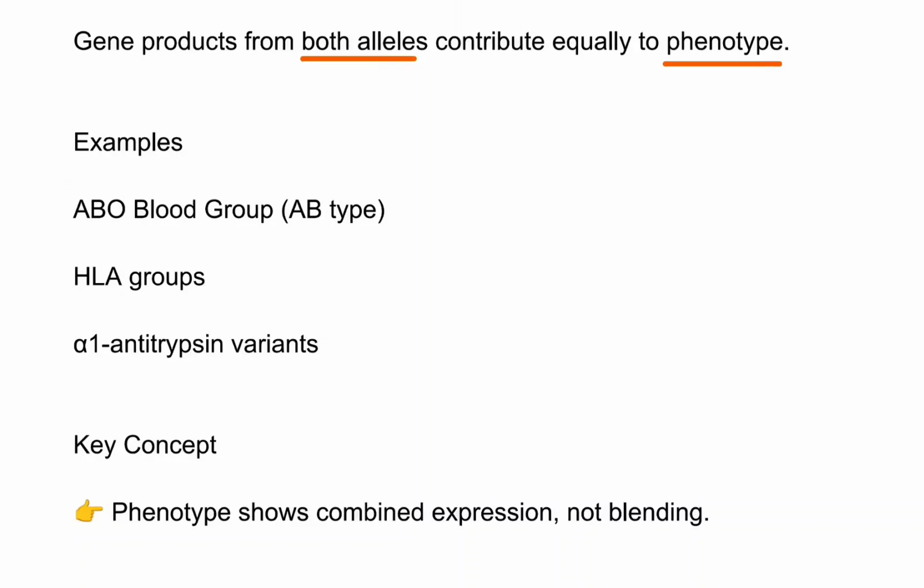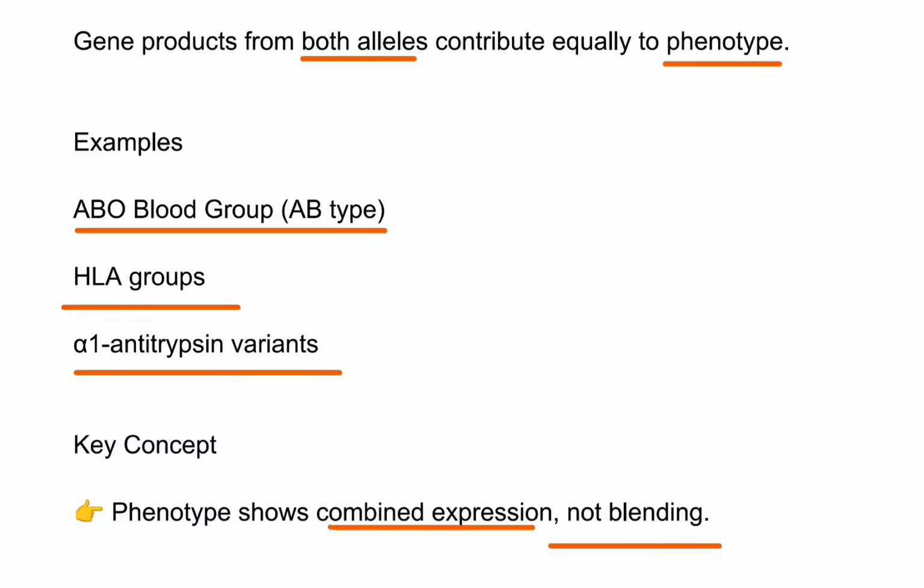For example, ABO blood groups, AB type, where both alleles equally contribute to phenotype. Other examples: HLA groups, alpha 1 antitrypsin variants. Key concept here is phenotype shows combined expression, not blending. Combined expression and no blending.